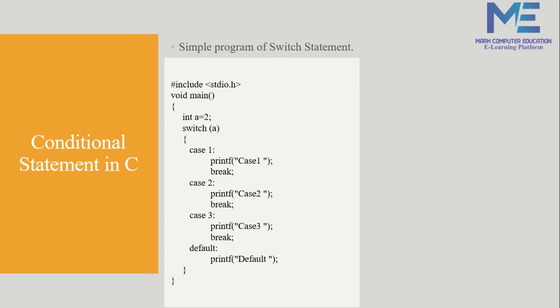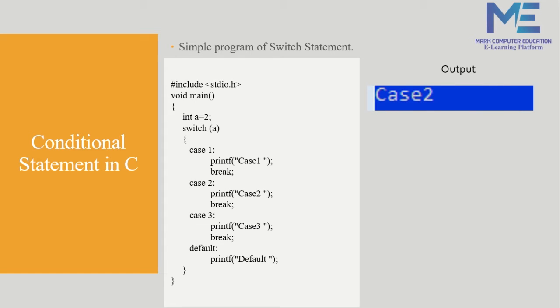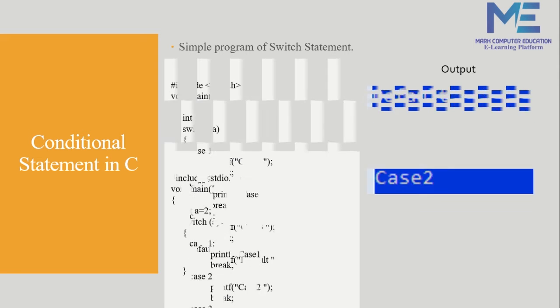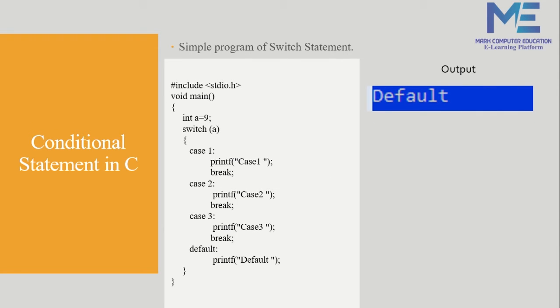Okay, so let's check the output of this program. The output of this program will be case 2 because my value a matches with case value 2. But if I give a value which does not match any case, then my output will be default. As you can see, I have given value 9, so it gives me the output default.